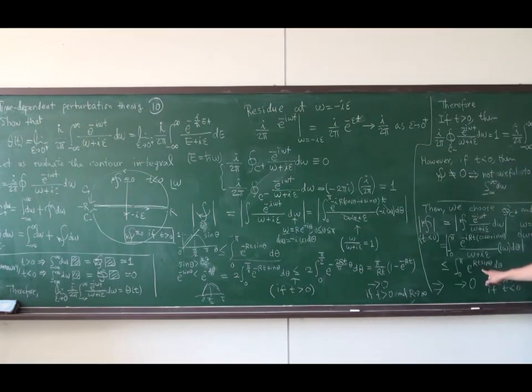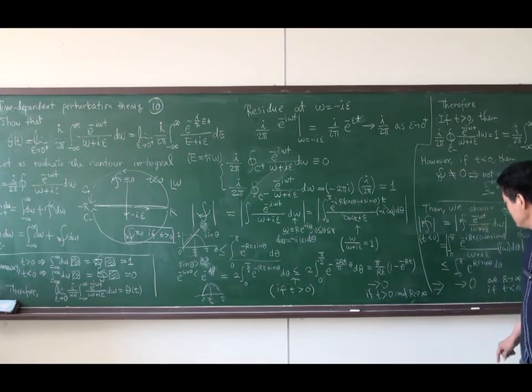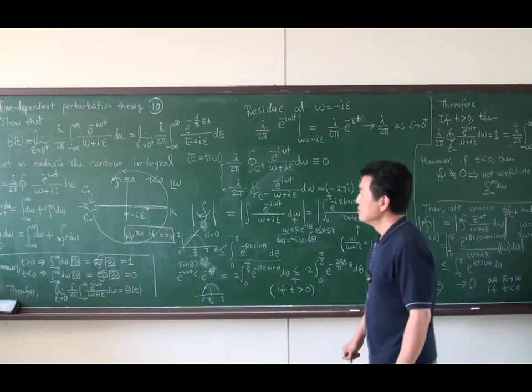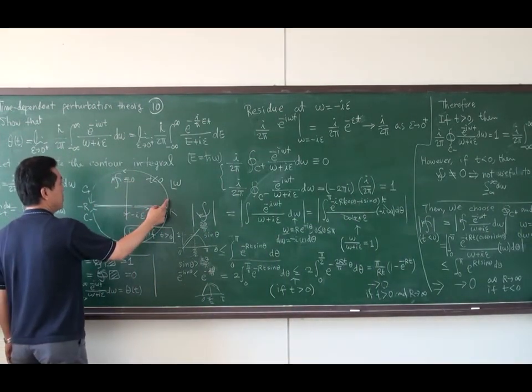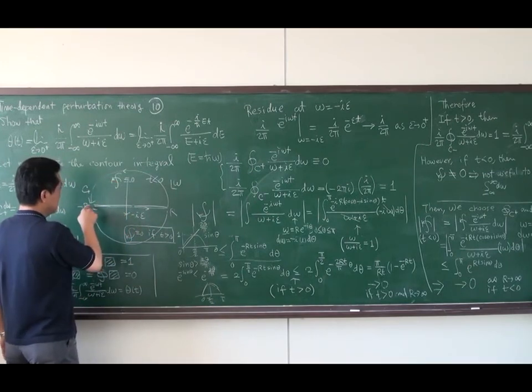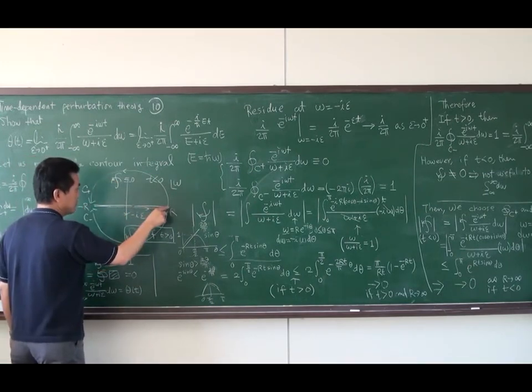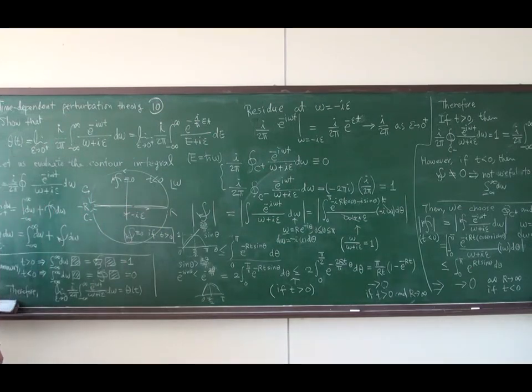And finally, because t is negative, this, just like the earlier integral, vanishes as r goes to infinity. So we have shown that the integral along the upper semicircle vanishes, and finally the integral from minus infinity to plus infinity is 0 if t is negative.